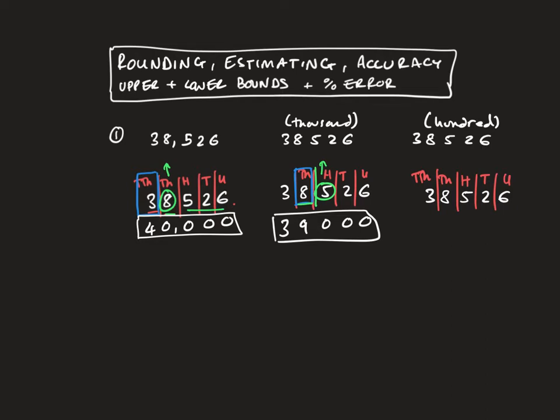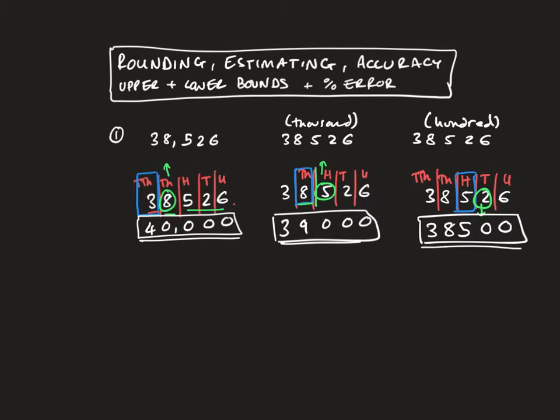Now I'm rounding to the nearest 100, so my digits before that are unchanged, 38. Now we look at the digit just after that, which is the 2. Because this is below 5, it makes it round down, or essentially stay the same. So the 5 doesn't change, and that is that. So this one here was to the nearest 10,000, this was to the nearest 1,000, this was to the nearest 100.